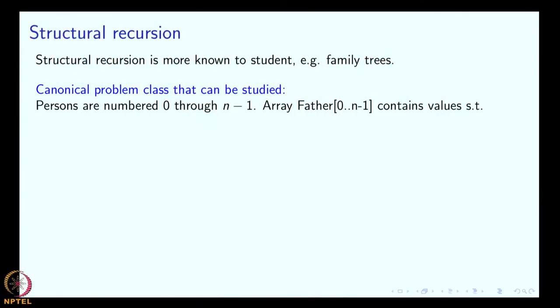For example, persons are numbered 0 through n minus 1, and an array father with n elements contains values such that if father of I is -1, then the father of person I is not known.